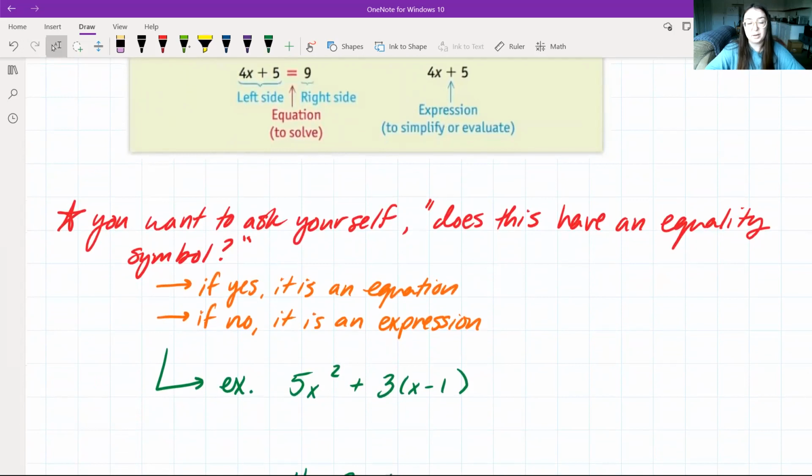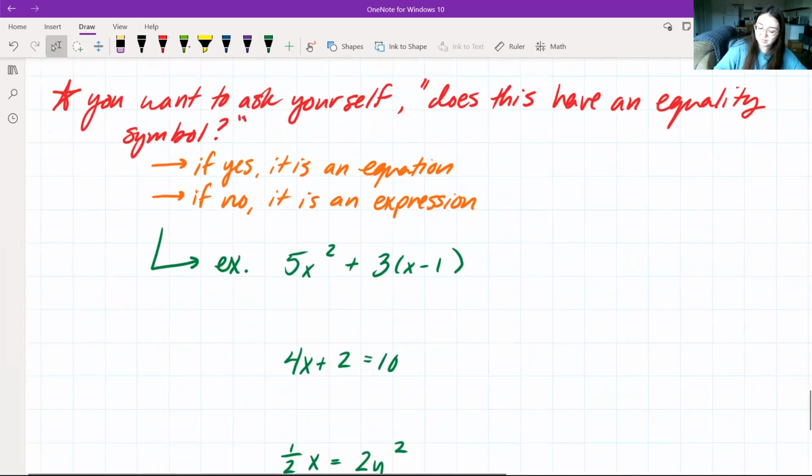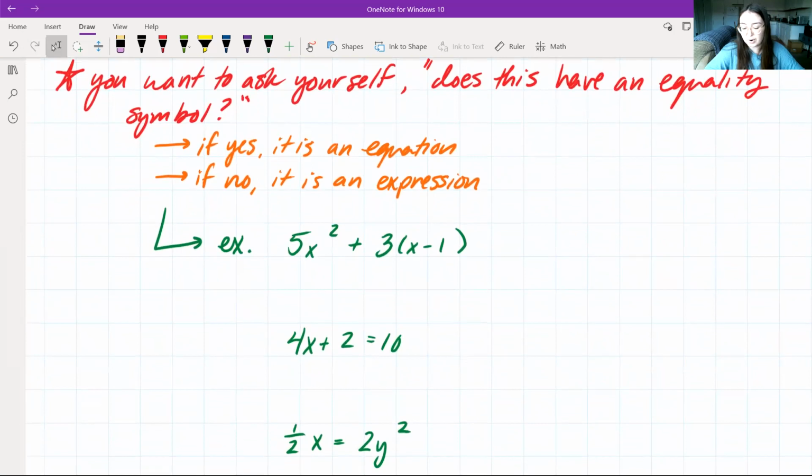So in our example here, we're just going to go through a few different statements and phrases here, and we're going to determine whether it is an equation or an expression. So our first example here, and we're not solving these values or anything like that. We're just deciphering whether or not it's an equation or an expression.